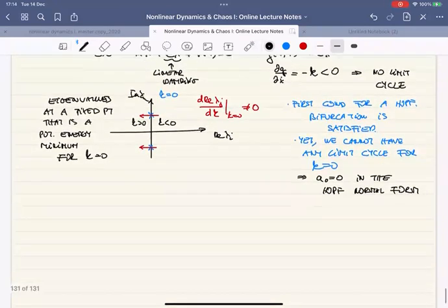And that's a property of the conservative system, because it was the leading order cubic nonlinearity in the normal form. And this is true for any one degree of freedom conservative system.